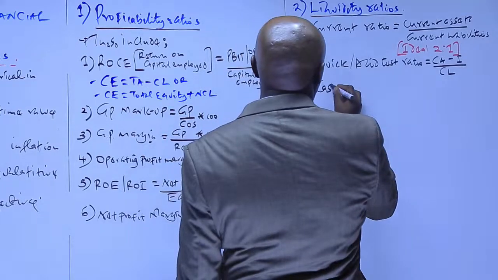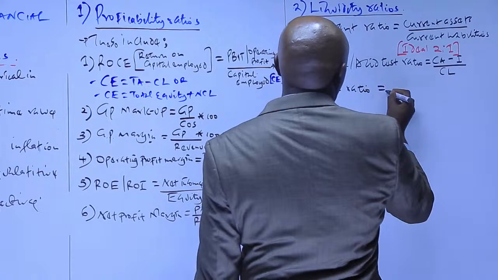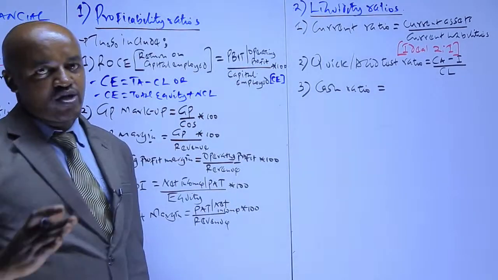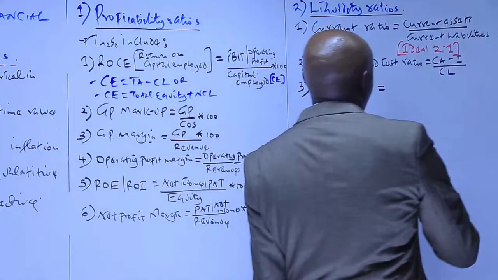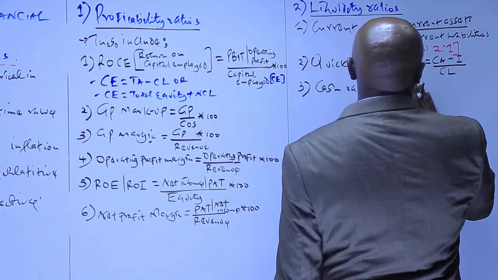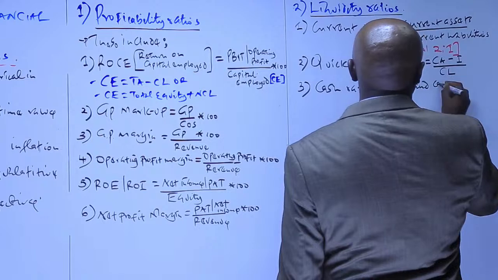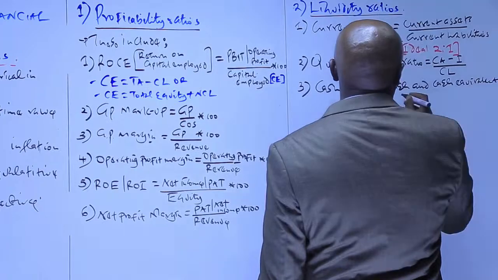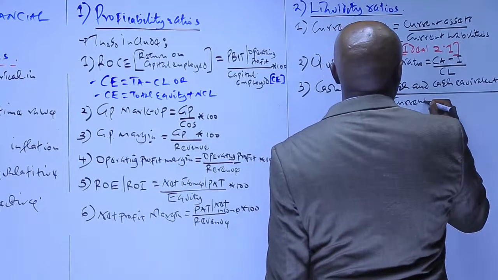And then finally we have the cash ratio, which is basically a ratio computed to determine the ability of the company to pay the short-term financial obligations using cash and cash equivalents. So we take cash and cash equivalents, then divide that with the current liabilities.